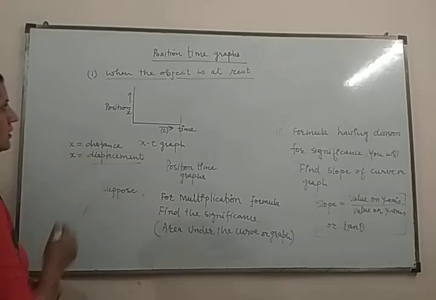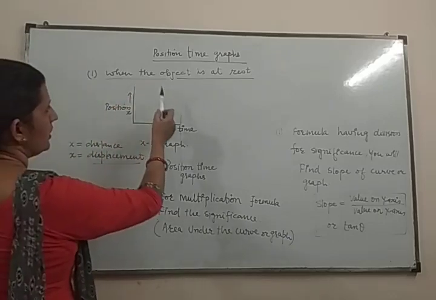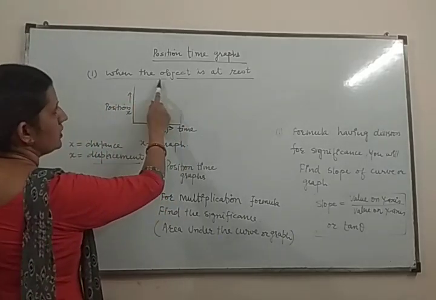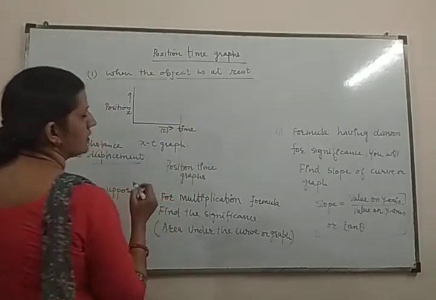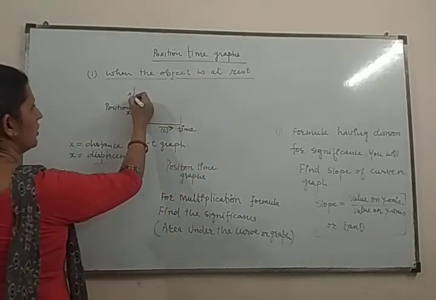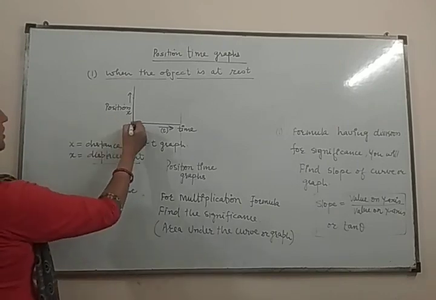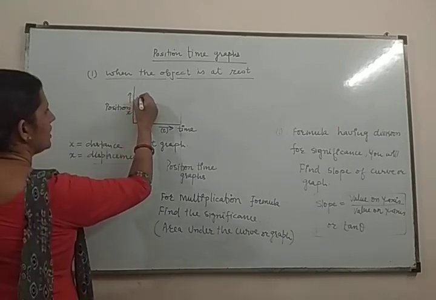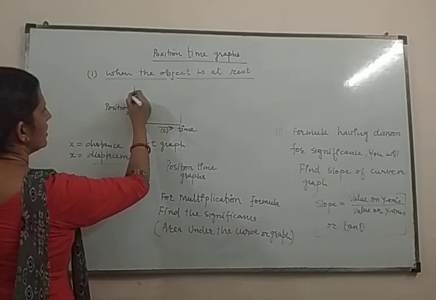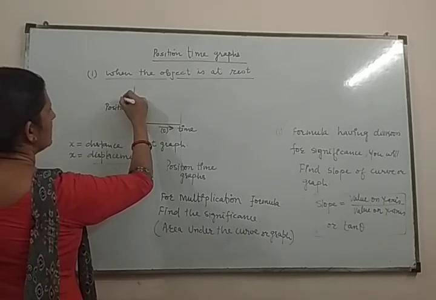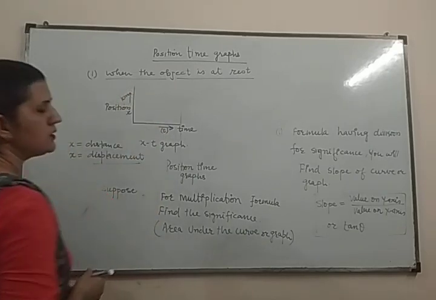So the first graph is, what will be the nature of the graph when the object is at rest? Rest means the object is not changing its position. Suppose initially the object is at 10 meters when you have started your observation.